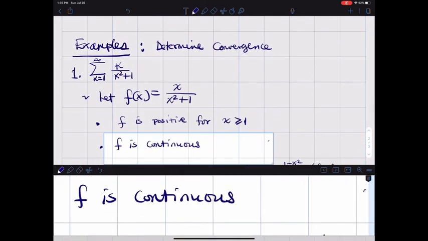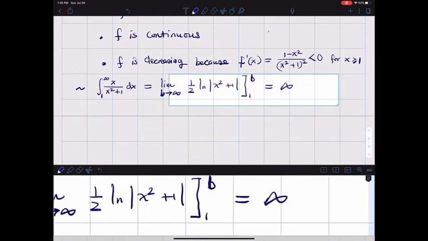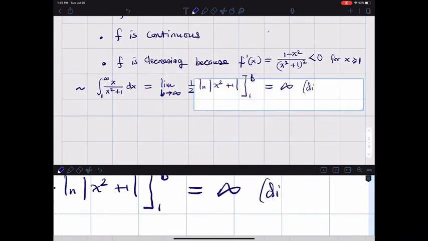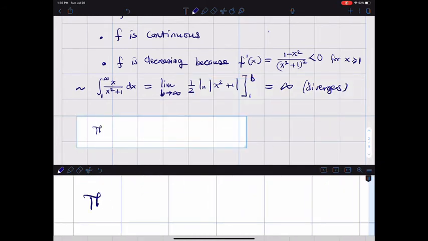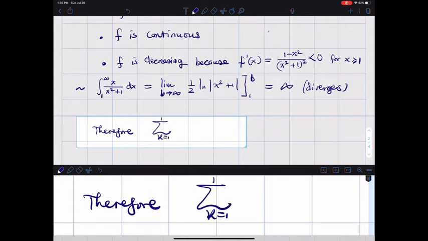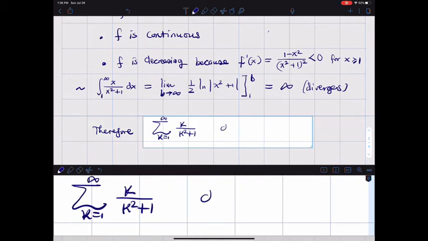So since the integral here diverges, therefore our series, k from 1 to infinity of k over k squared plus 1, must diverge. All right.